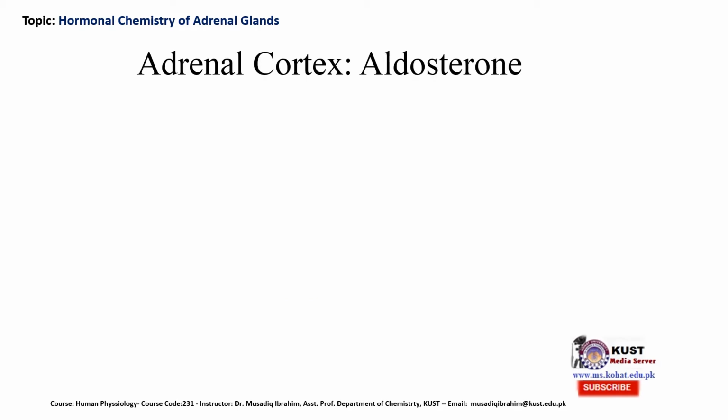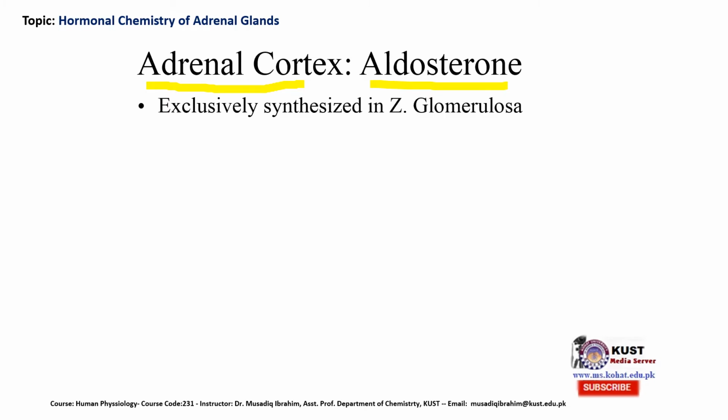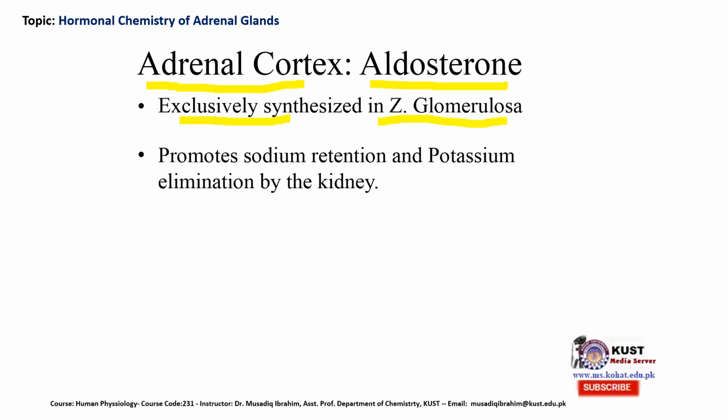So first of all, the adrenal cortex, and its hormone is aldosterone. This aldosterone is exclusively synthesized in the zona glomerulosa, and the function of the aldosterone is to promote the sodium retention as well as the potassium elimination which is happening in the kidney.